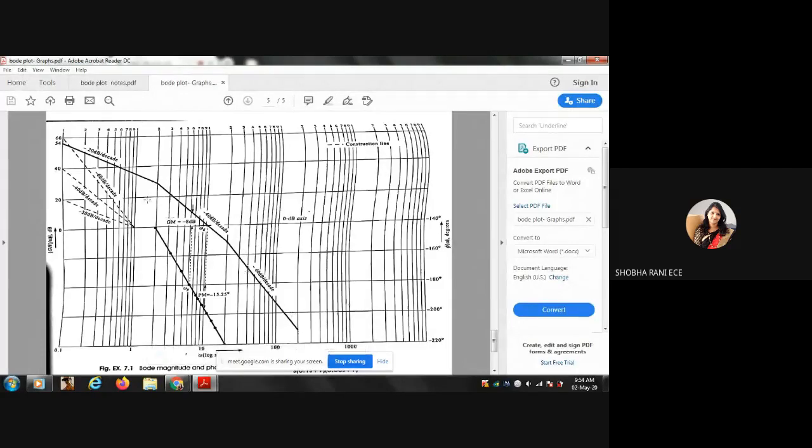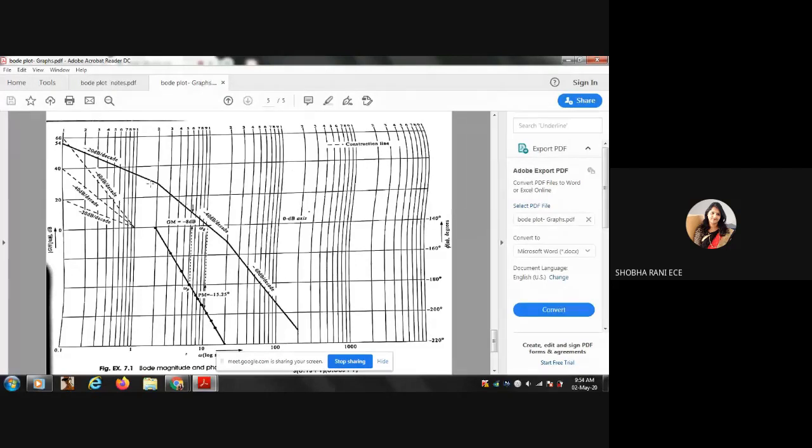And you can observe here that since we have three different factors, I have got three different lines having three different slopes, and you can see the slopes are changing at the corner frequency. So this is omega 1, this is omega 2. So you can see the slope here was minus 20, then it became minus 40, and then it became minus 60.